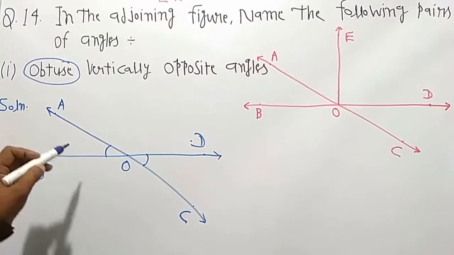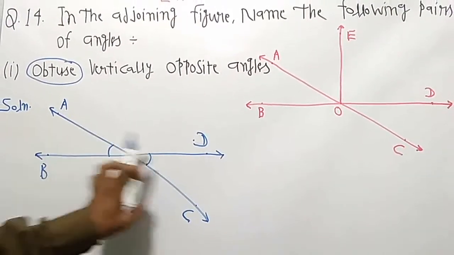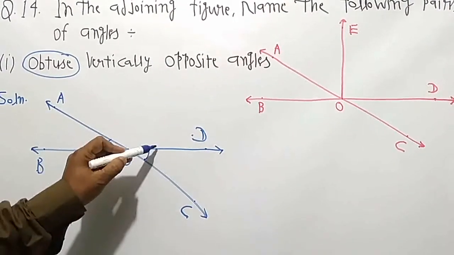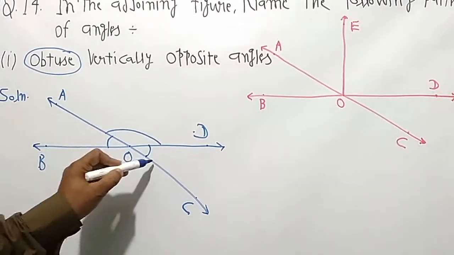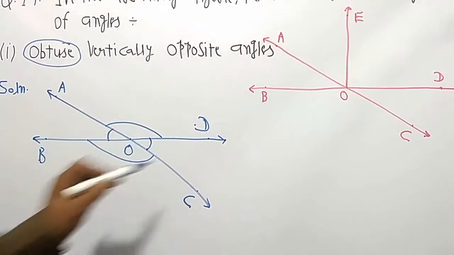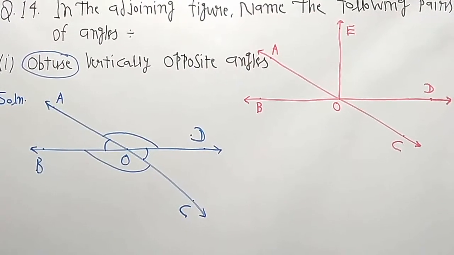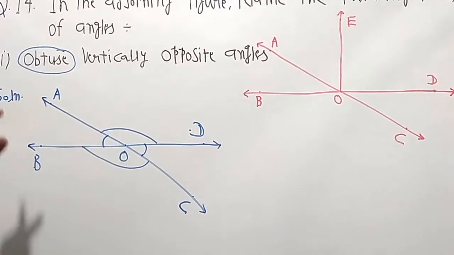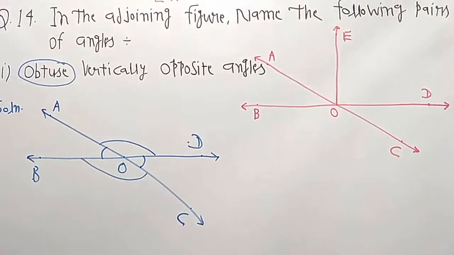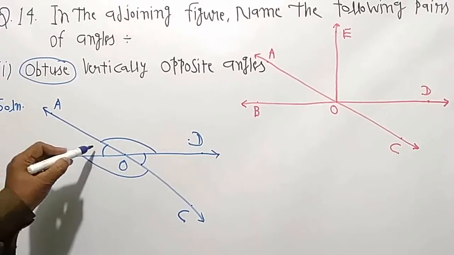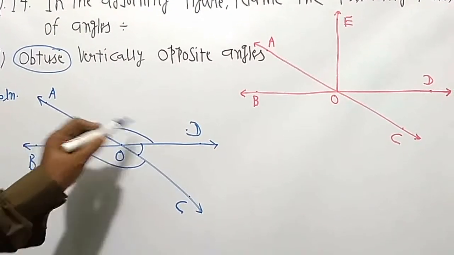These two angles are vertically opposite angles, and AOD and BOC, these two angles are also vertically opposite angles, and we can easily observe it. This is the small angle and this one is the bigger angle.